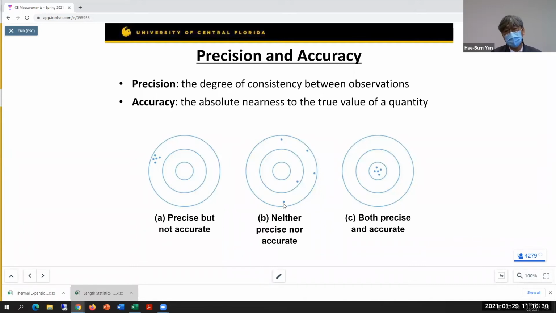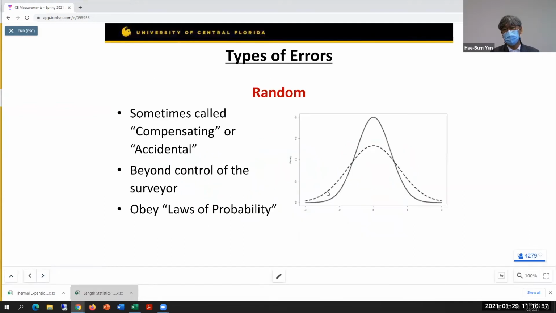Let's take a look at the second case. The observations are not grouped, nor are they close to the center. So this is neither precise nor accurate, right? In this case, with a random error, is this close to the solid line or the dashed line?